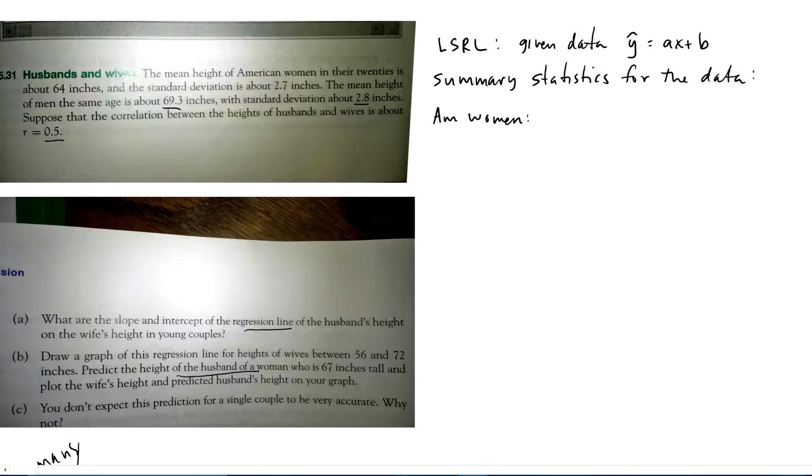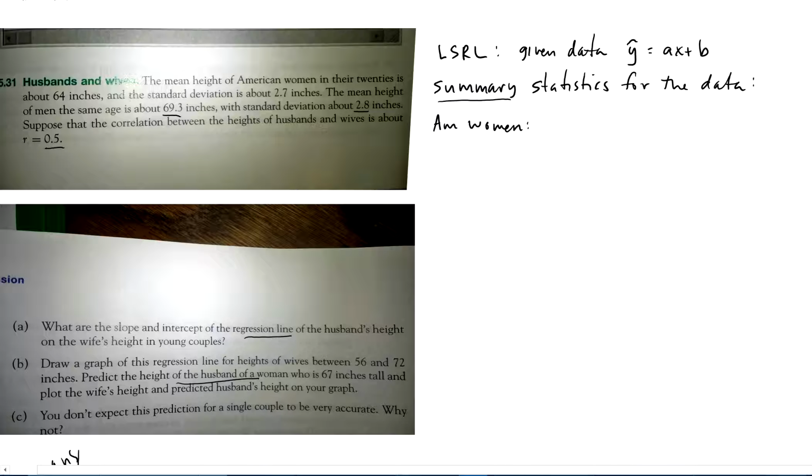So basically, we're trying to find the regression line. If you give me the woman's height, I want to predict the man's height, based on data. But we don't have the specific data. We have what we call the summary data. So for the women, which in this case is going to be my x, and the man's going to be the y, we have their average height, x bar, is 64.